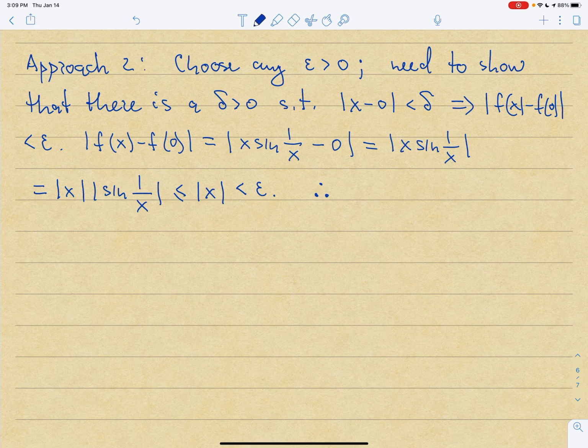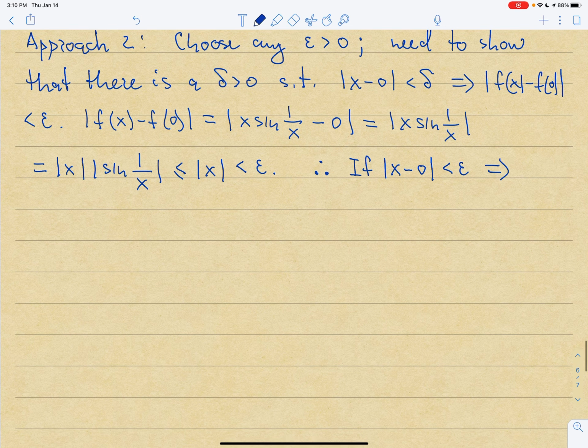What I have shown is that if absolute value of x, which actually is absolute value of x minus 0, is less than epsilon, then absolute value of x times sine 1 over x minus 0 is also less than epsilon.